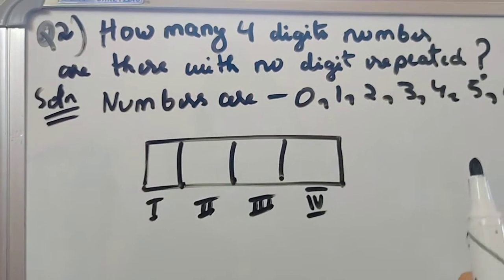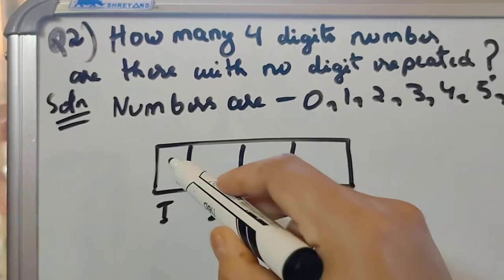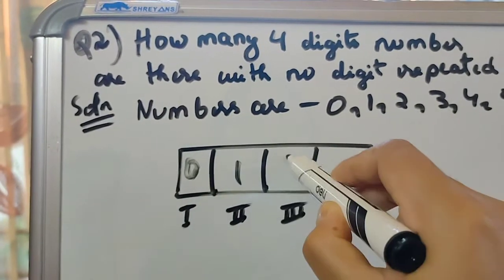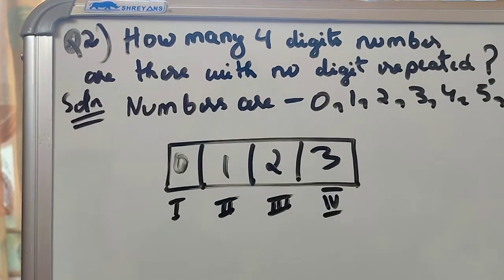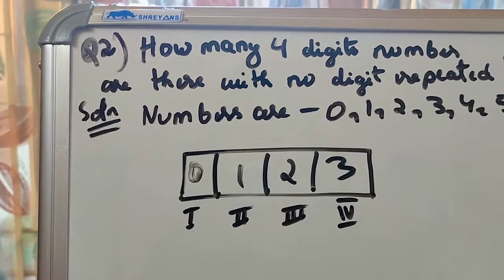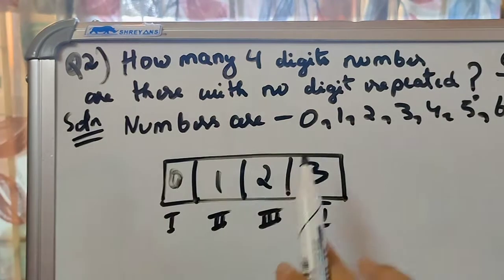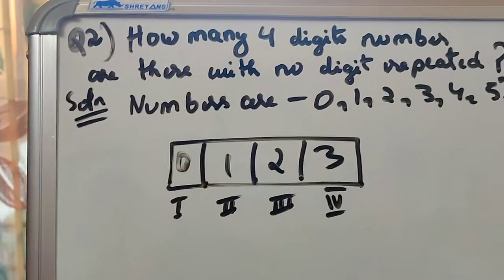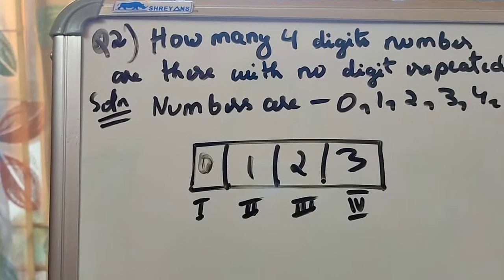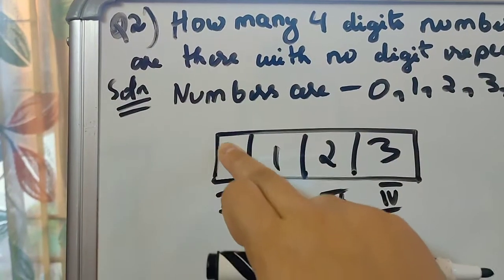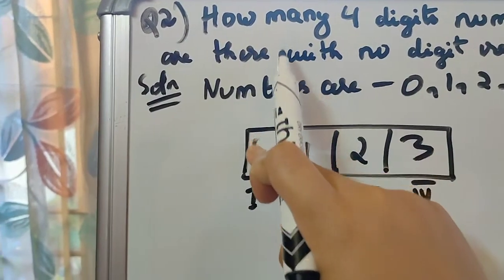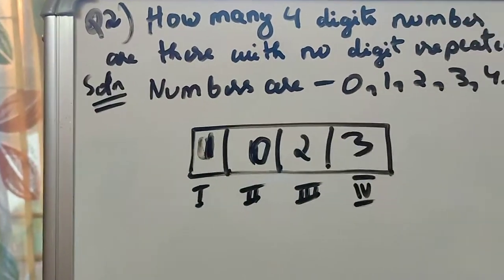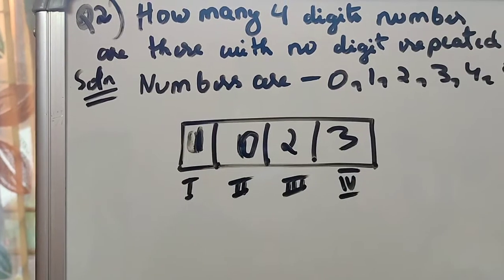If suppose in the first place you put 0, this will not give you a 4-digit number. It will straightaway give you a 3-digit number, so you must be very careful with that. If it was 1 here and 0 there, then this is a 4-digit number.